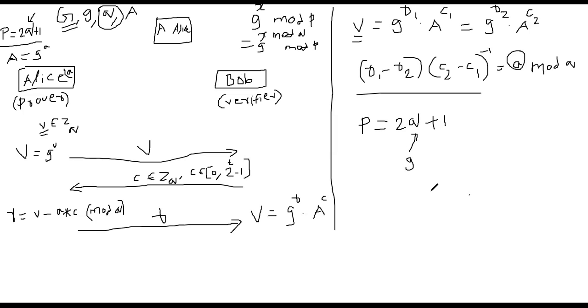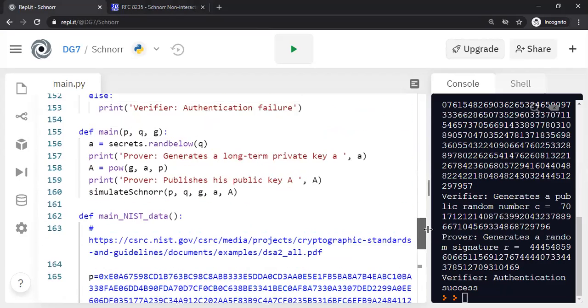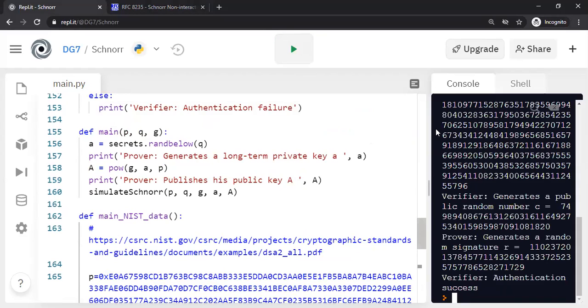But for the demo, I'm going to make use of NIST data. NIST has already provided the group generator G and the order of the group Q, and I will show you now how this verification is working. Now we are calling the main function with that PQG from the NIST data, and let's run the protocol, and I will walk you through the output.